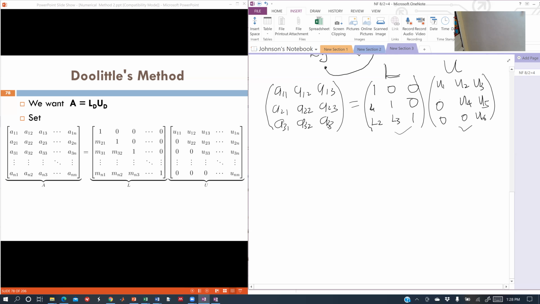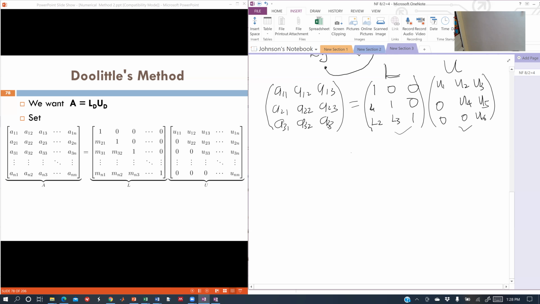Then you find the values of the small L's and the small U's, and then you use them to proceed. By finding L1, L2, L3, U1 up to U6, you will get both the L matrix and the U matrix. Then you go to the previous general discussion that I gave, and proceed to solve the problem.